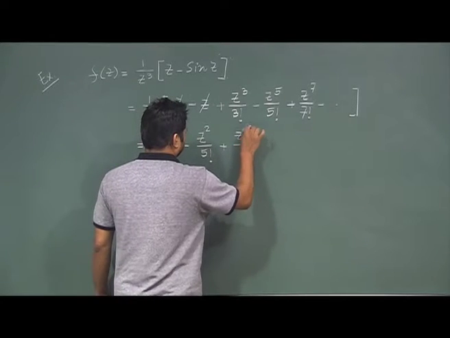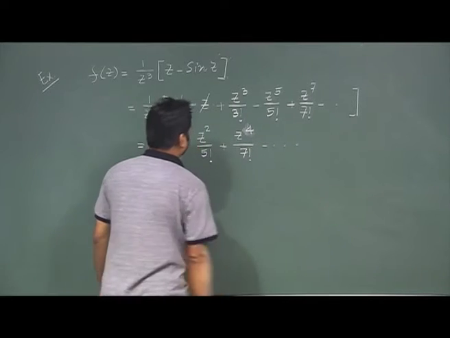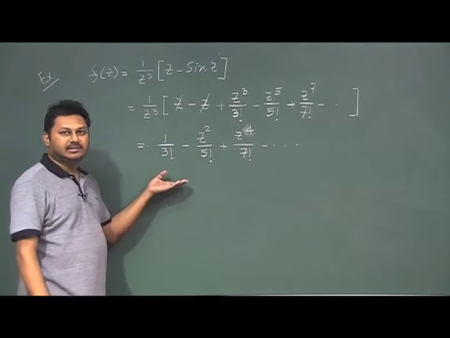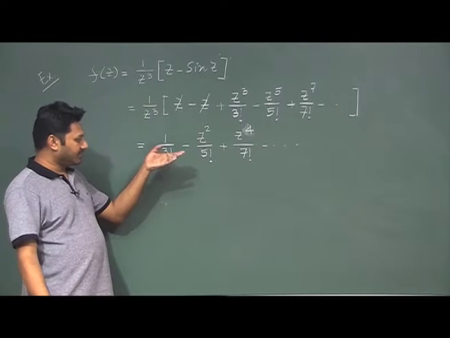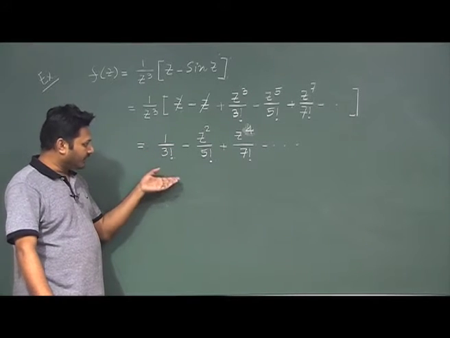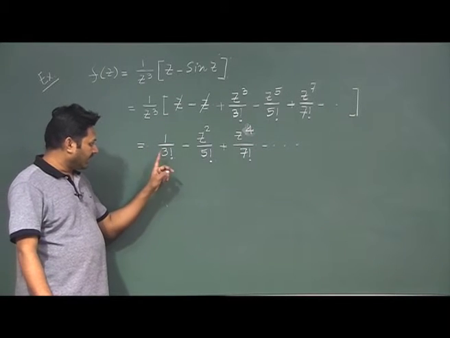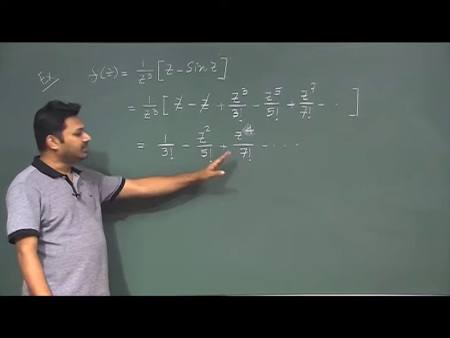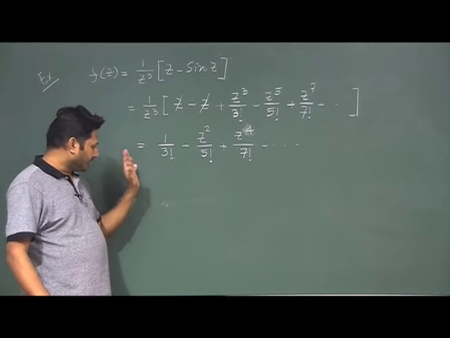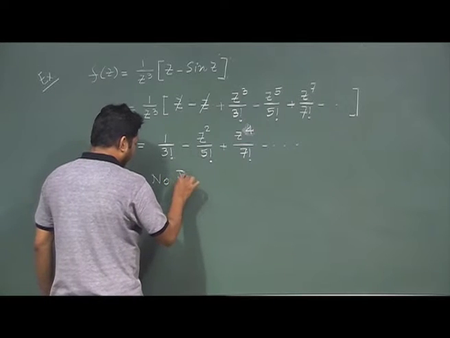That is 4 factorial 7 and so on. So, we have one series again. This is not the same series that we had in the previous example. This is another series with a few terms, but again there is no principal part.